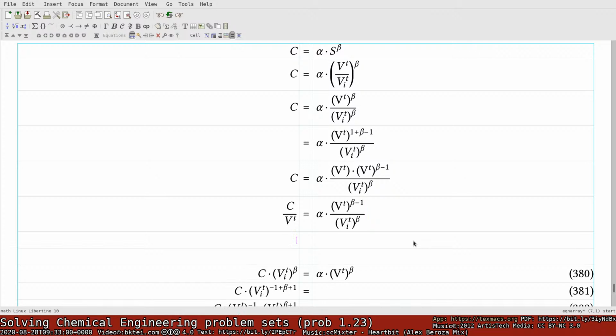So we got cost, total cost of the equipment divided by total volume of the equipment. That should decrease, for beta ranges from 0 to +1. So right off the bat, that tells me that if beta is between 0 and +1, this quantity here can never be positive, because in order to be positive, it has to be greater than 1, which it cannot be.